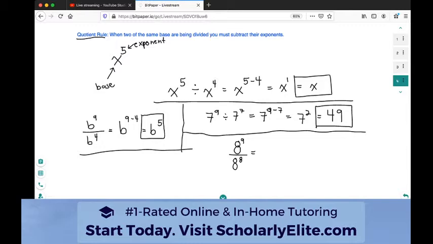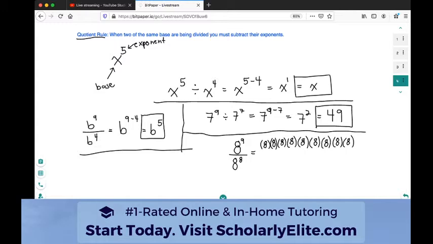So I want to show you guys how this is another way to write this out. We could rewrite this like this: 8 times itself, literally 9 times. I don't know why I use such large numbers to illustrate this, but that's okay. 1, 2, 3, 4, 5, 6, 7, 8, 9.